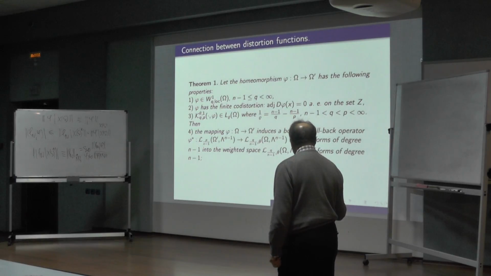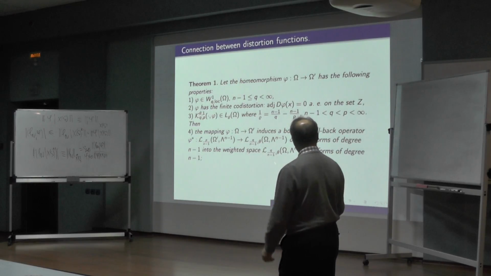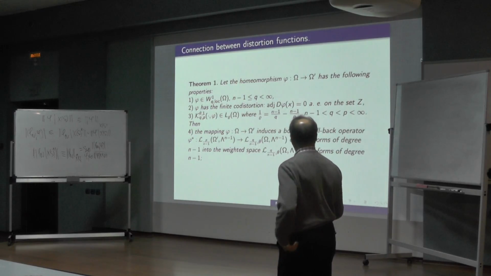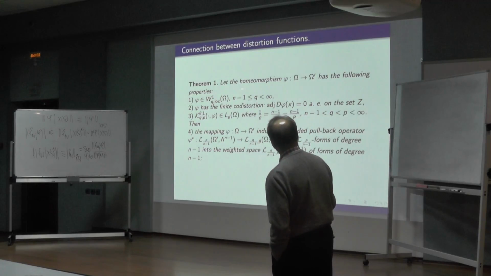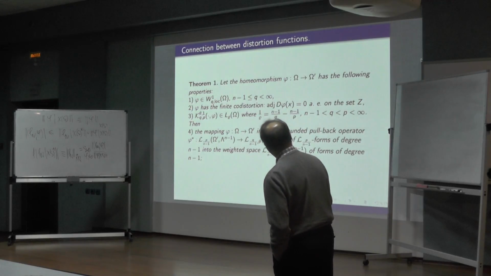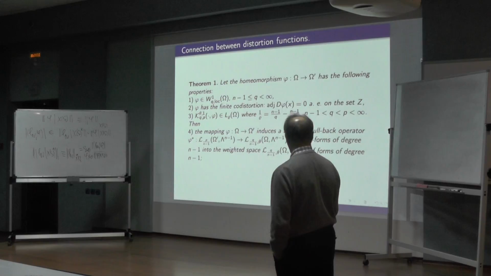And this Lebesgue space has to be calculated with respect to this weight. And if the homeomorphism phi has the three properties, then this pullback operator is bounded.